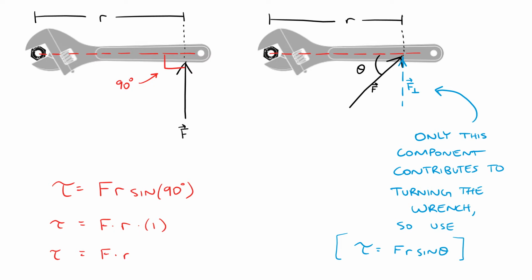So this wrench, the one on the left, let's say we apply that torque we just saw. It was a certain distance away from the pivot point.